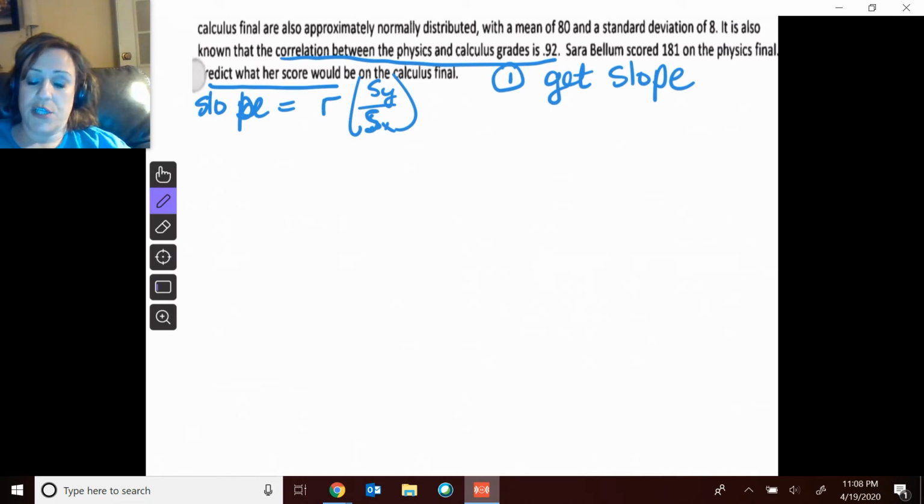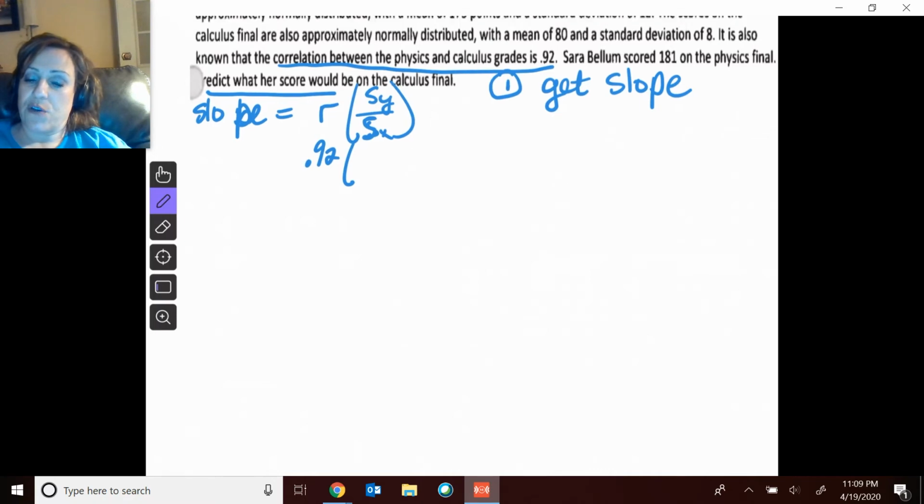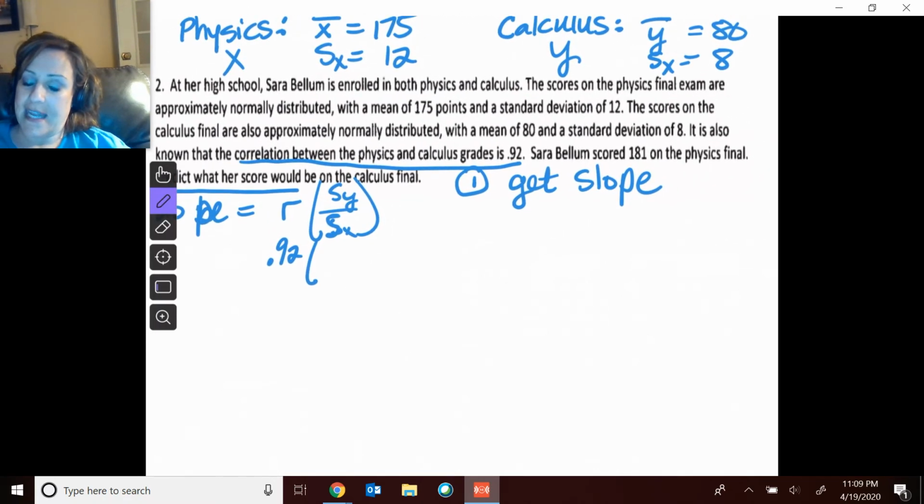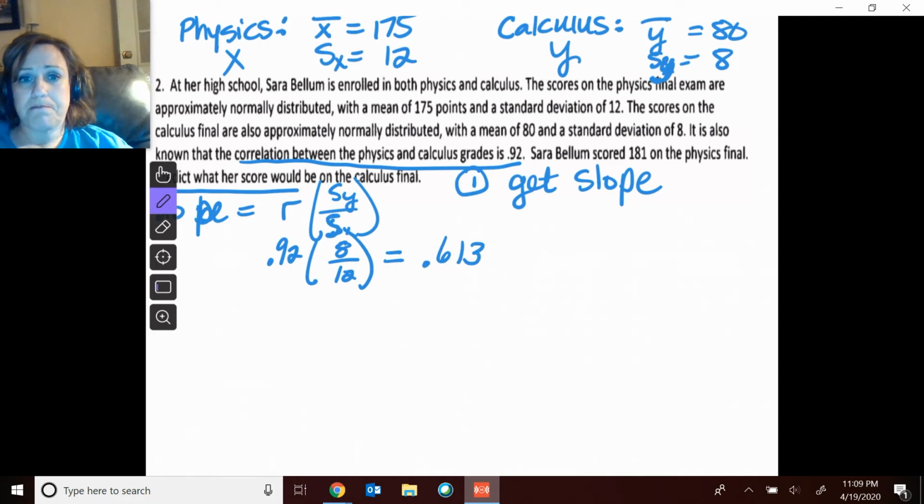The correlation from up above was 0.92. Oh, this should be a y right here. The standard deviation for the y's was 8. The standard deviation for the x's was 12. And I've computed that to be 0.613.